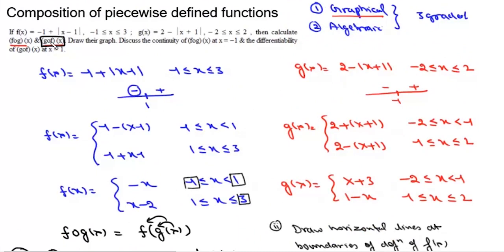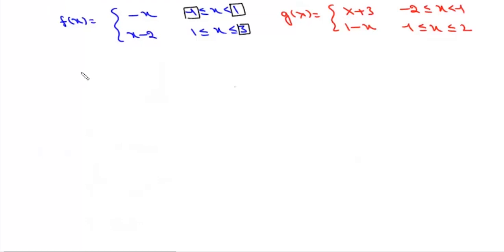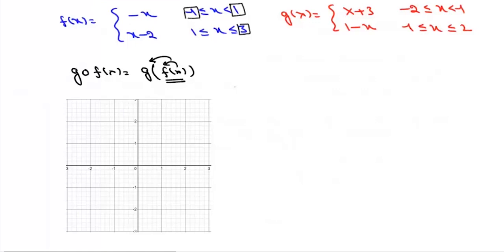And here I'm just going to use the graphical method. Now for g of fx, that means the value of x will go into f and the value of fx will go into g. So first we'll draw the graph of fx. Now this fx is minus x between minus 1 and plus 1. So at minus 1 it is 1 and at plus 1 this is minus 1. So that's the definition of fx between minus 1 and plus 1.